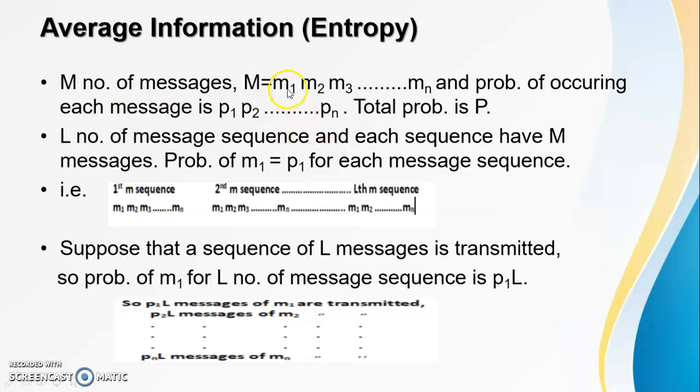That means the probability of getting message M1 equals P1, the probability of getting M2 is P2, and in this way the probability of getting message Mn equals Pn. So the total probability is P equals P1 plus P2 up to Pn.